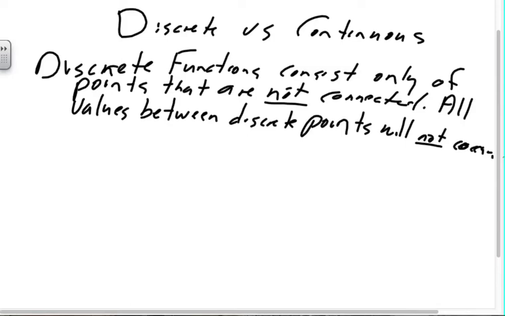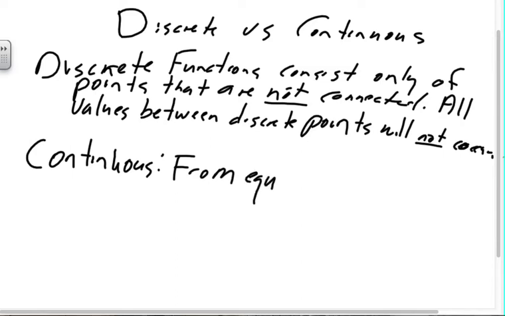Okay, so a continuous function then is normally, well, actually, they will come from equations primarily.